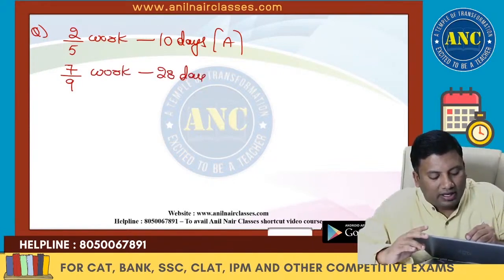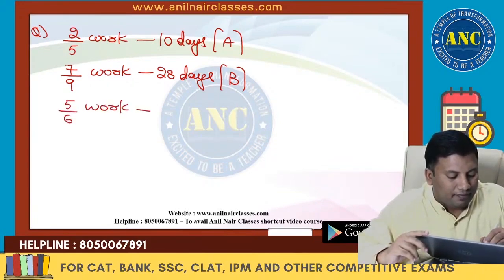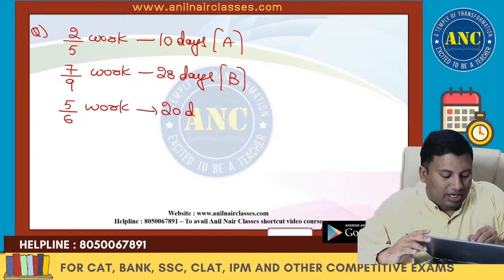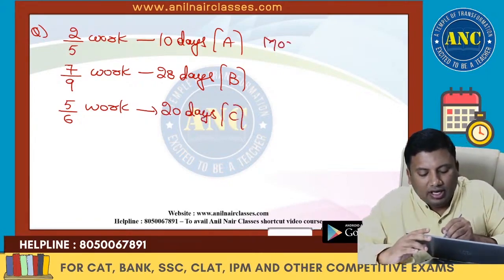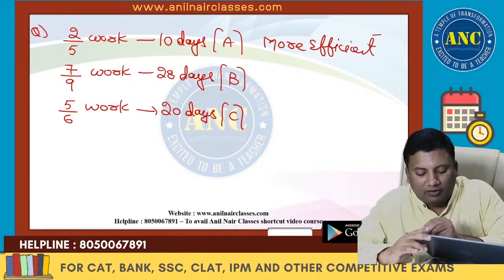The question can also be in fractions instead of percentage. 5 by 6 of the work can be completed in 20 days. Who is more efficient? He can also give you a fractional part of the work. We told you the total work is 1.